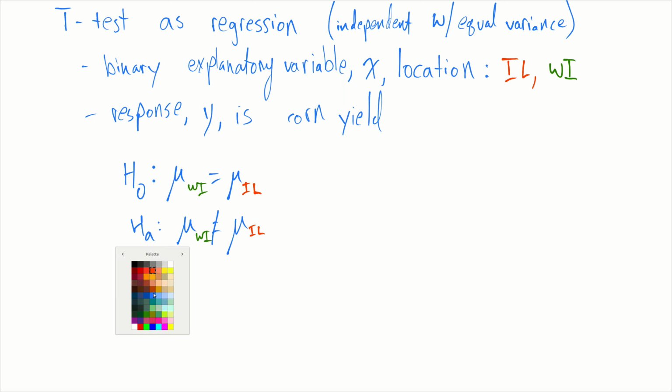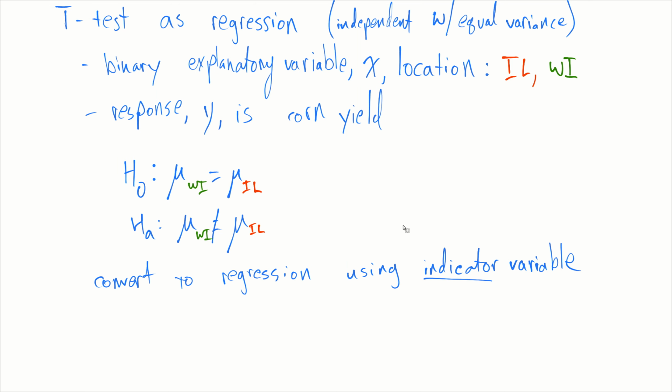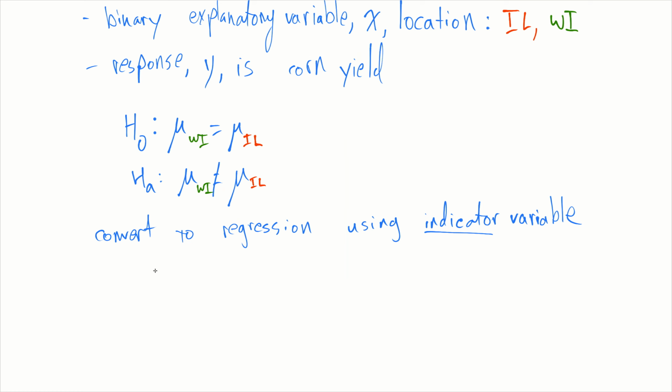What we're going to do here is convert this to a regression using what's called an indicator variable. What is an indicator variable? So we'll define our indicator variable x1.